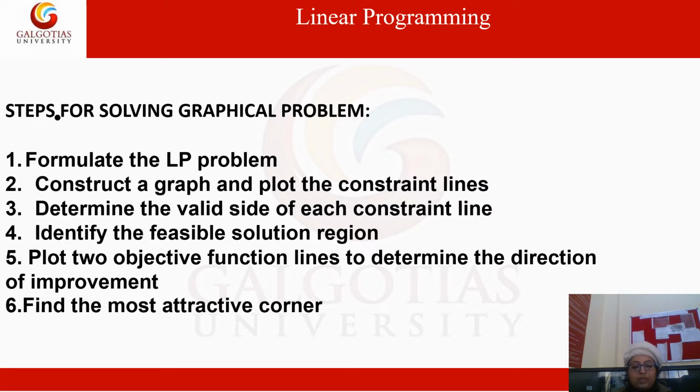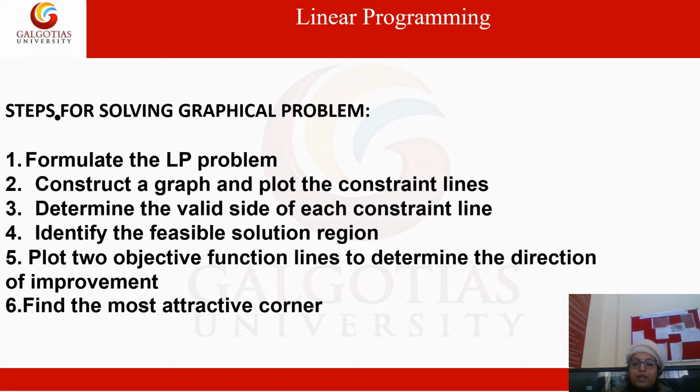All the points are required to satisfy the conditions of the feasible area. After that, we have to identify the feasible solution region. The feasible solution region represents the area on the graph that is valid for all the constraints, and choosing any point in this area will result in a valid solution.